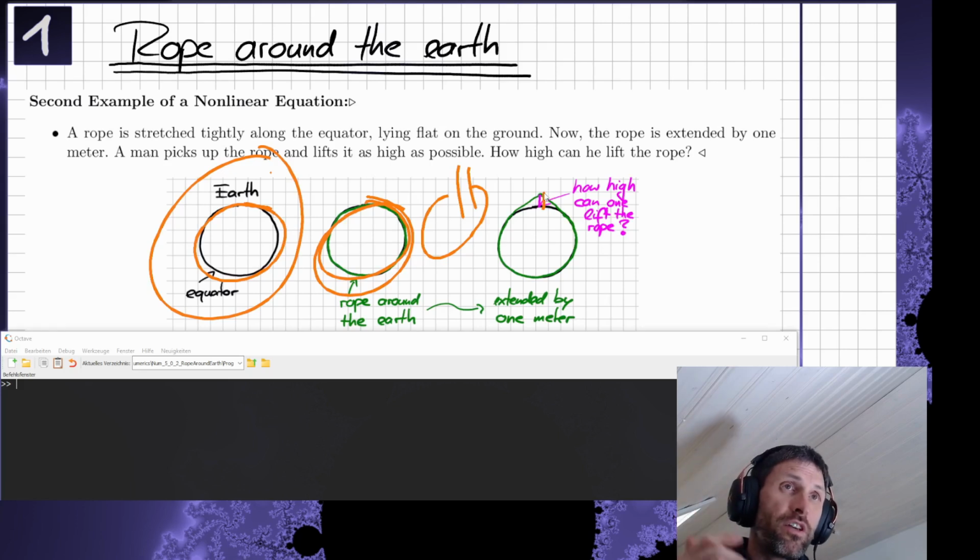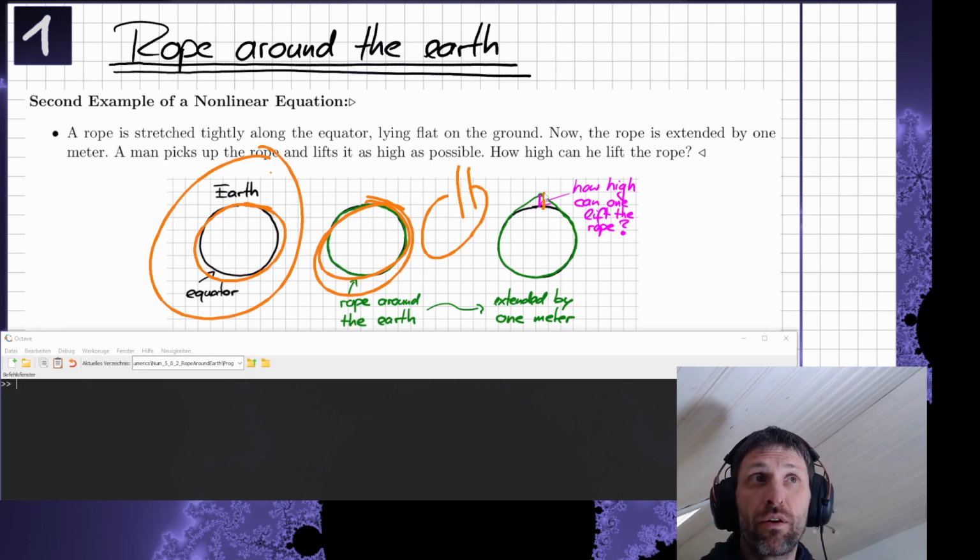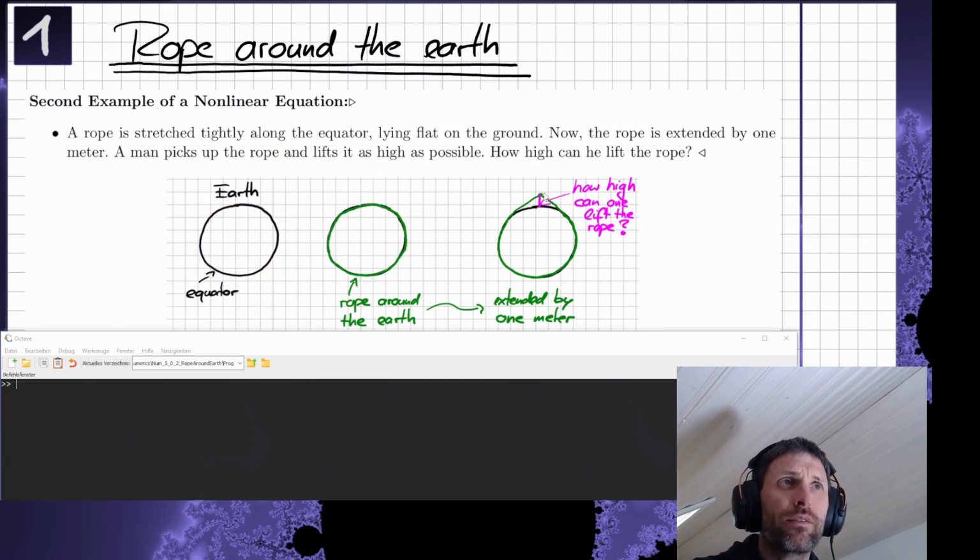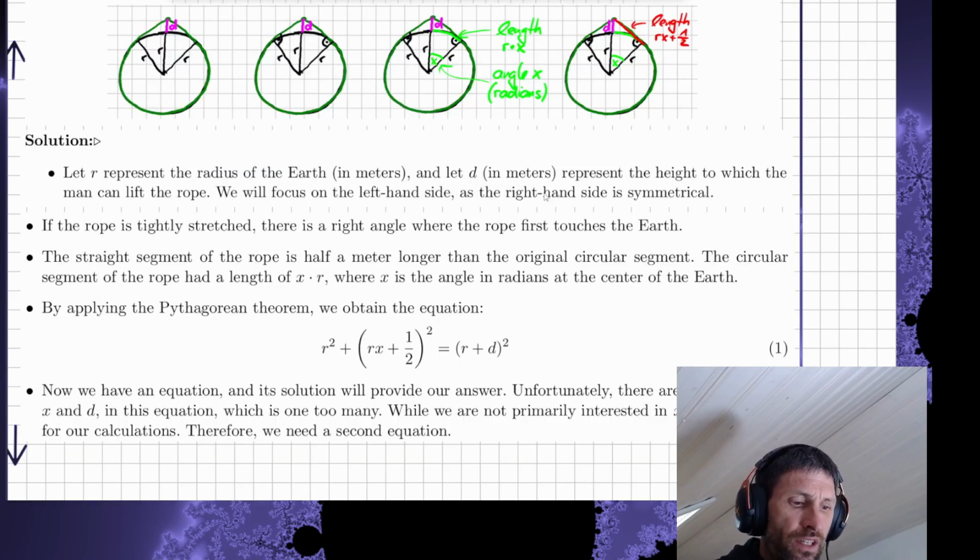Okay, if you want to, then stop the video and think about what we can do. Okay, so if the rope is maximally stretched, then this is a straight line. And here at the position where the rope touches the Earth the first time, we have an angle of 90 degrees.